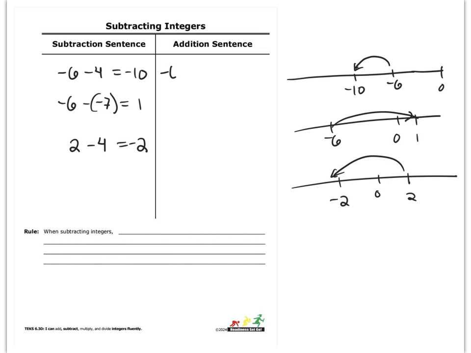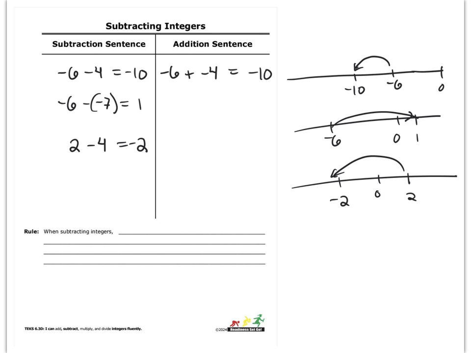But another way to do it is to say -6 plus -4. And that's a little bit easier for us to think about, because we know that when we add 2 negatives, our sum is negative. So we really are just adding 6 and 4. That's 10. And then we keep the sign of those 2 values, which is negative. So -6 plus -4 is -10.